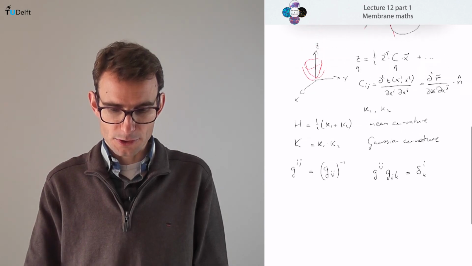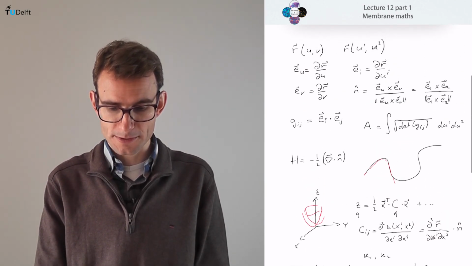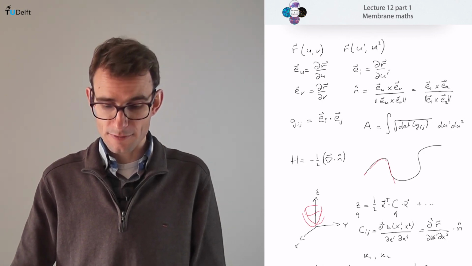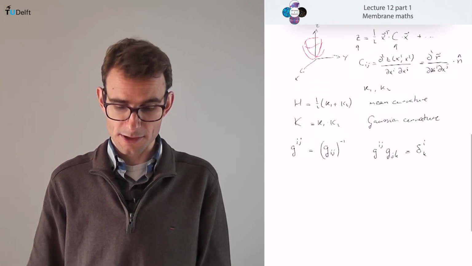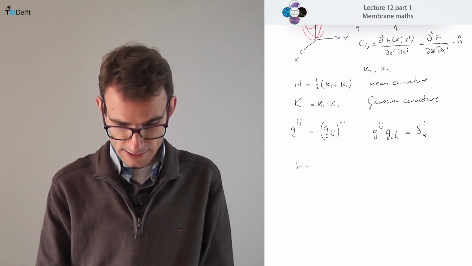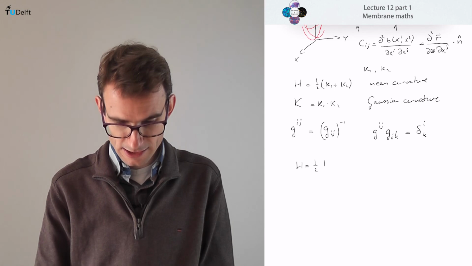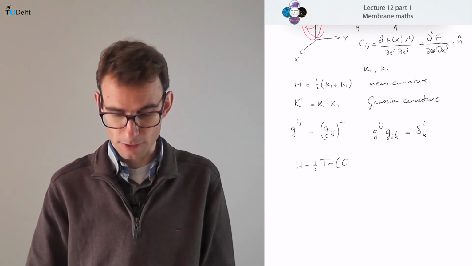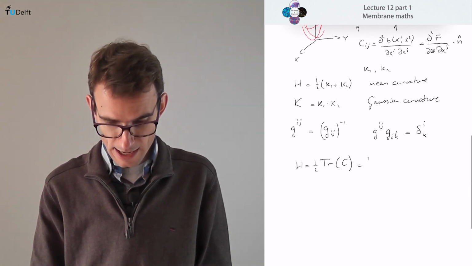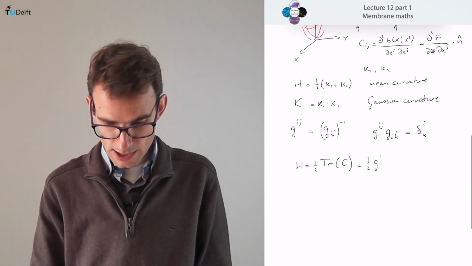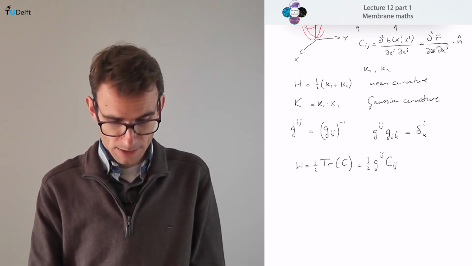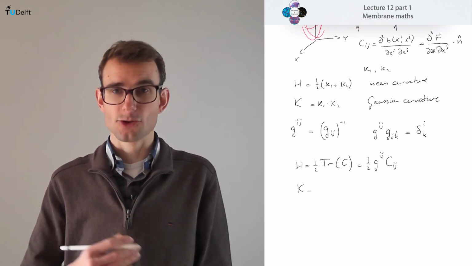It's correcting for the fact that we are now in a different coordinate system. Right? We are using coordinates on the surface, the e_i and the n, and those have a correction factor because they are not Cartesian. So for the mean curvature, H, I can write this as a half times the trace of the tensor C, the curvature tensor, which I can actually calculate as a half times G^ij C_ij. And likewise for the Gaussian curvature, it is the determinant.